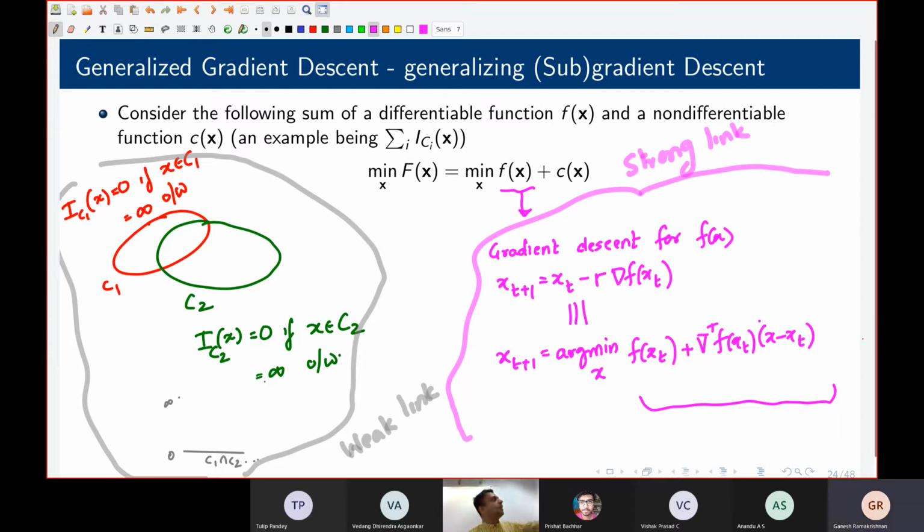This part looks familiar from convexity. Obviously, this cannot be sufficient, right? If you try and set the gradient of this with respect to x to 0, something's wrong. You don't get any term involving x at all. So I would expect one more term to be put in there. A quadratic term. I already gave you a hint, right? Some Taylor series approximation with some truncation. So what if my quadratic term involves the norm of x minus x_t squared?